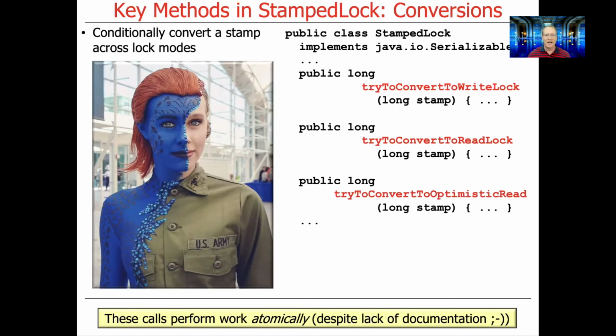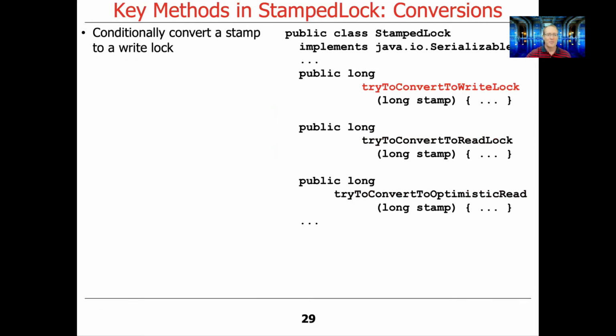And I actually had to go back to Doug Lea, who wrote the class, and ask him the semantics a couple of years ago because somebody had asked me. And he, in fact, assured me and confirmed that these are all atomic operations. And I think he was also going to ask the people at Oracle to update the documentation to make that more clear.